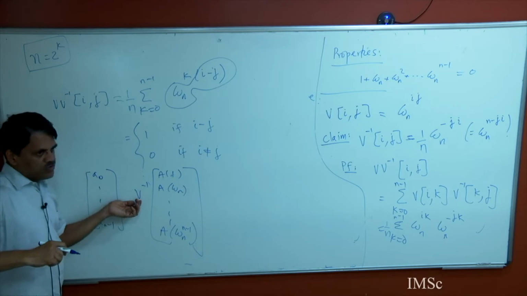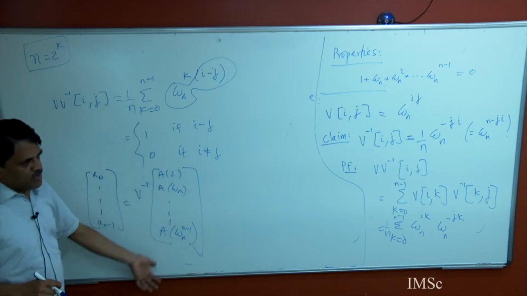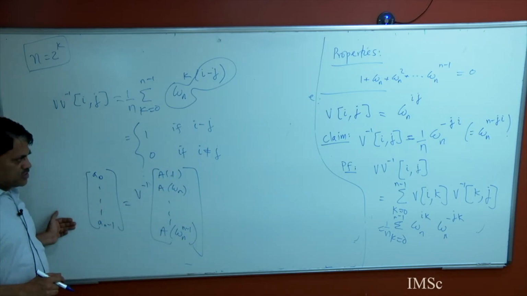So if I can compute V inverse, then I can multiply by this and I get my coefficients.